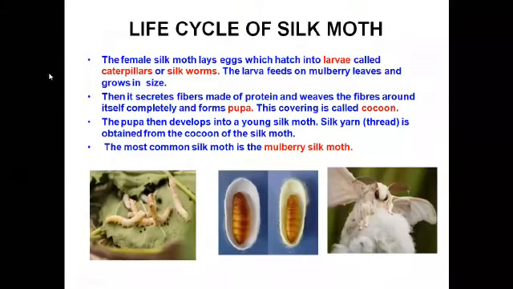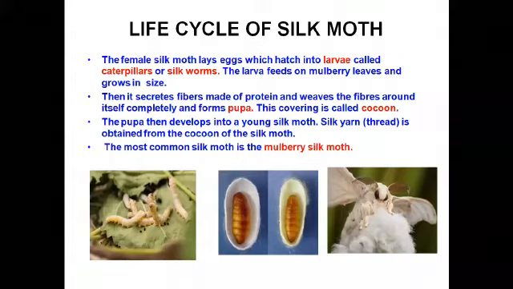First of all, the female silk moth lays eggs. When the eggs hatch, a tiny caterpillar crawls out. As you can see in the first picture, caterpillars are coming out of the eggs. These are known as silkworm, larva, or caterpillar.